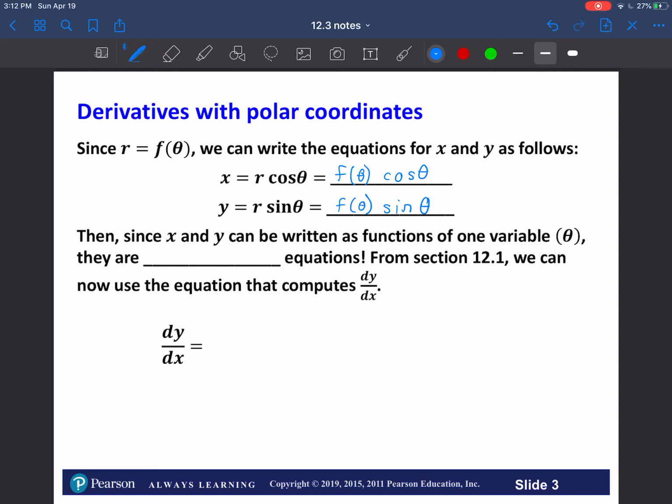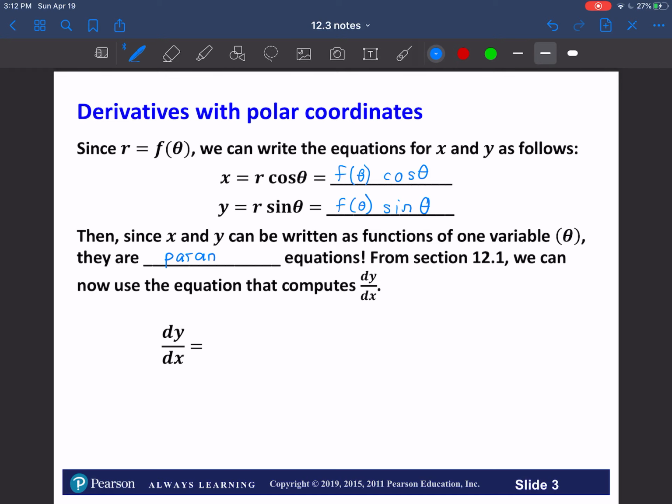Alright, so now what you'll notice is that x and y are both written as functions of a single variable theta, right? It's some function of theta here times cosine of theta, and some function of theta here times sine of theta. So that means that these are parametric equations.